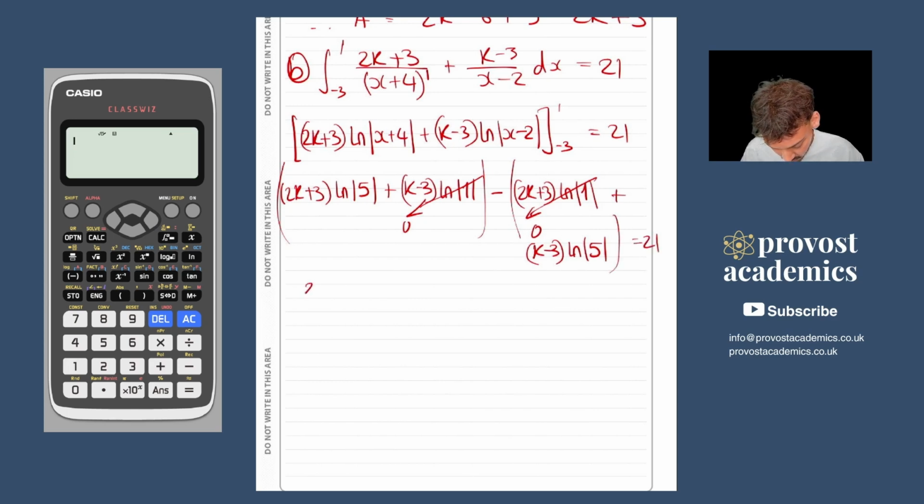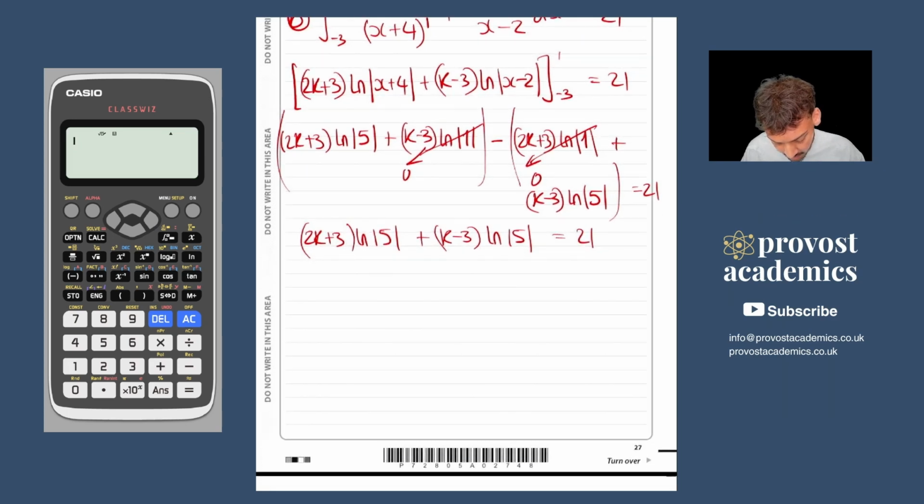So let's simplify this all. So I can say 2k plus 3 ln 5 minus k minus 3 ln 5 is 21. Oh, that shouldn't be plus, should be minus there. Cool. So let's expand it all, simplify it.